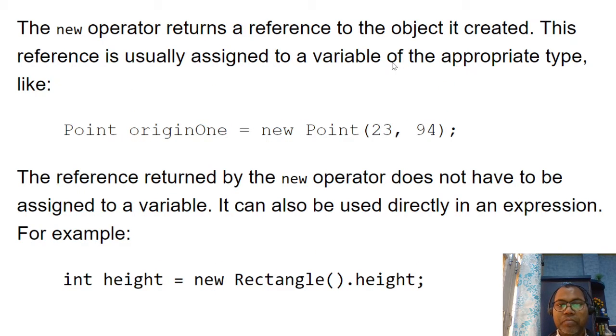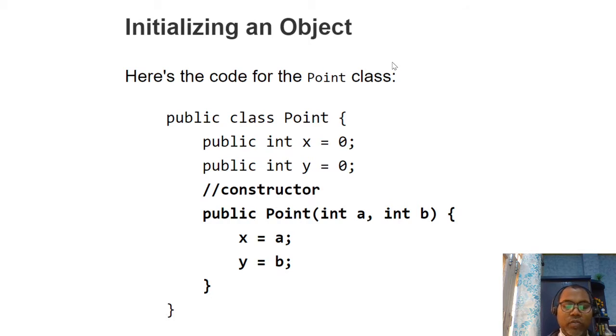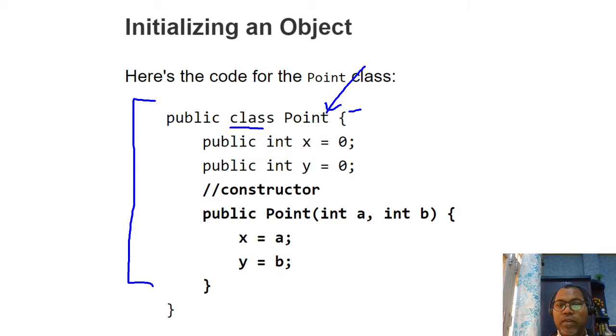Correct. So let's write this kind of example. This is your class X, this is the class name, opening and closing braces, and here are field 1, field 2, and these are their constructors.